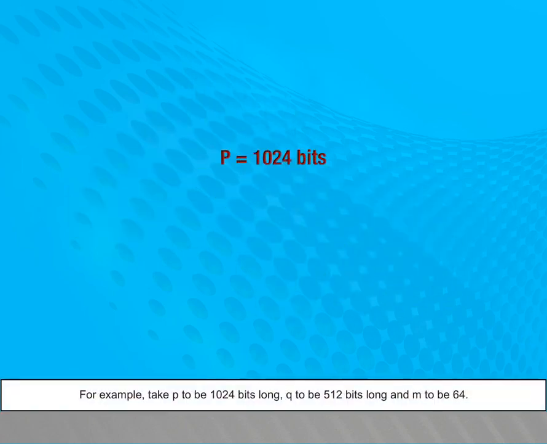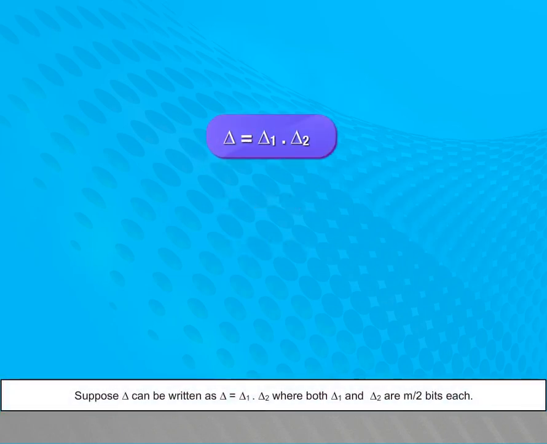For example, take p to be 1024 bits long, q to be 512 bits long, and m to be 64. Suppose delta can be written as delta equals delta 1 times delta 2, where both delta 1 and delta 2 are m over 2 bits each.